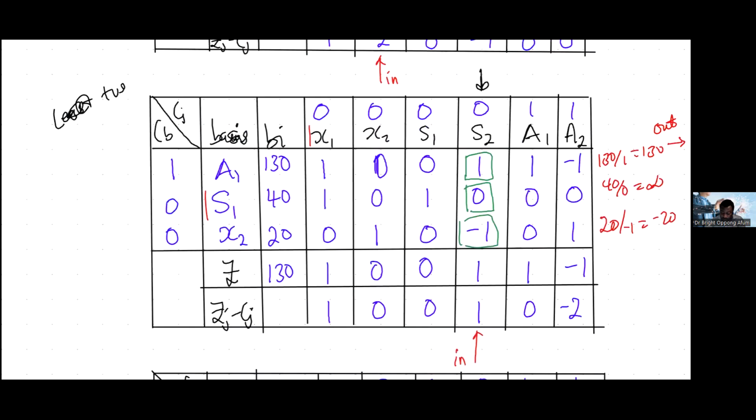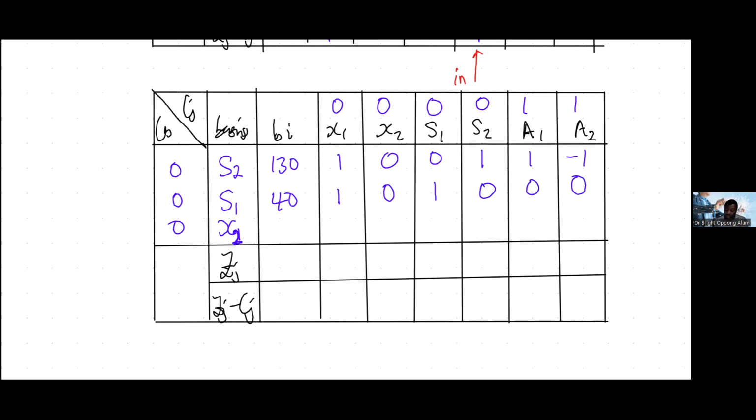So that means negative 1 times 20 is added to 130, so it's 150. 1 plus 0 is 1. 0 plus 1, that. And we have 0. A1 is 1 and A2 is 0.